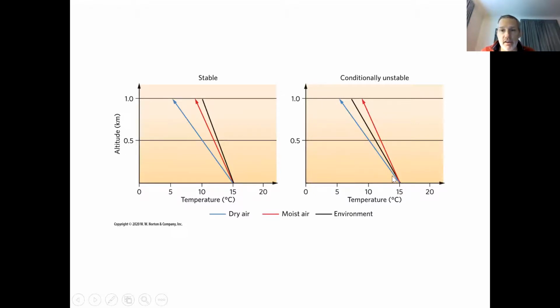If the air doesn't have any condensation occurring, it's always going to want to sink back down. It's cooler than the air around it. But if we have moist air and we start causing that condensation to occur, it's going to add extra heat to that upper part of the atmosphere, which in turn is going to make the air less stable. The air is going to be warmer. It's going to have a tendency to want to rise back up.